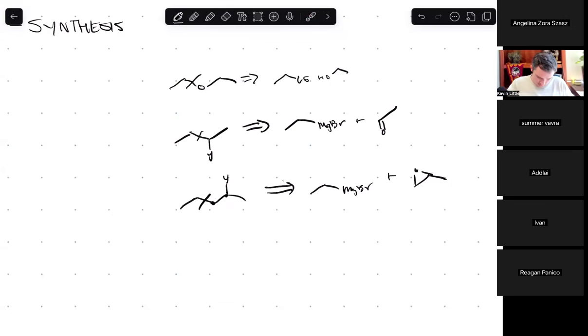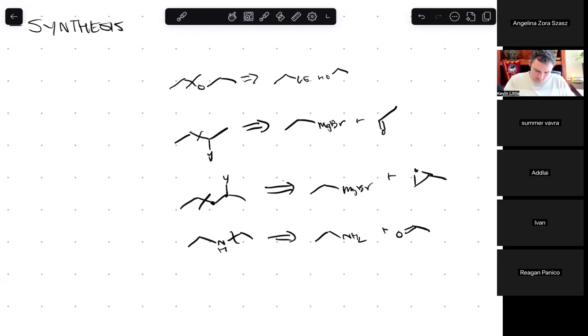Yeah, the nitrogen's a little different, right? So I've got a nitrogen. I have to do the reductive amination. So instead of a leaving group, I should have done this other way.